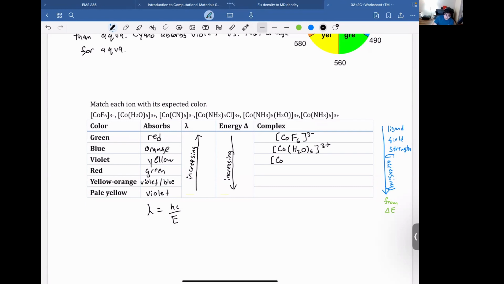Comparing the chlorine and the water ligands, as we just said, amine is a stronger field ligand than water. So the one with all the amines will be last. Sorry, I meant to say chlorine and water. So looking at chlorine and water ligands, the aqua ligand, water, is a stronger field ligand than chlorine.